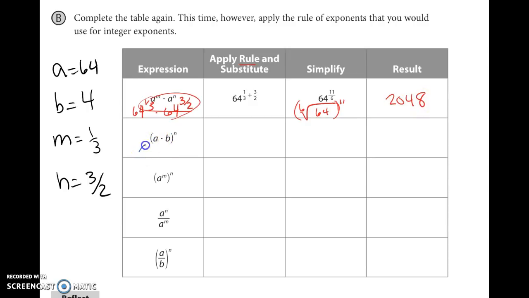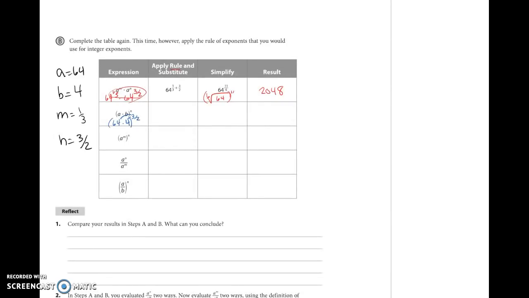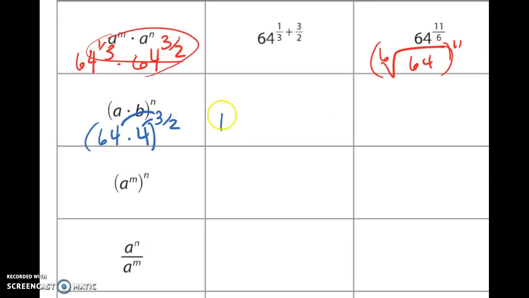For this next one, we could think of this as 64 times 4 to the power of 3/2. And the rule that we would do is we would distribute that to each of these, and we would get 64 to the power of 3/2 times 4 to the power of 3/2.